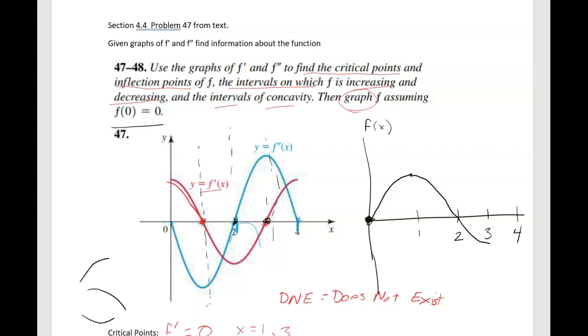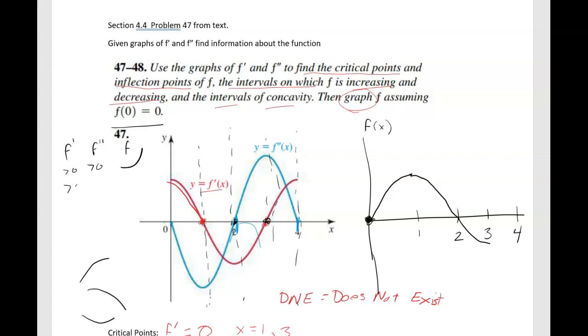So at each of these places where either the first or second derivative crosses the x-axis, I've got some shape change. Let's make a little chart: first derivative, second derivative, and here's the shape of f. If the first derivative is positive and the second derivative is positive, that means your function is rising and concave up.